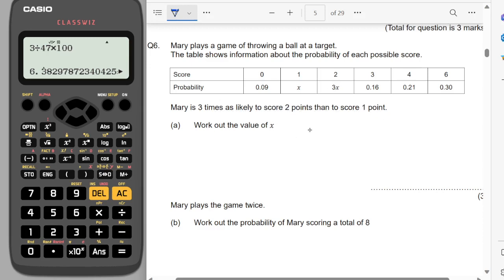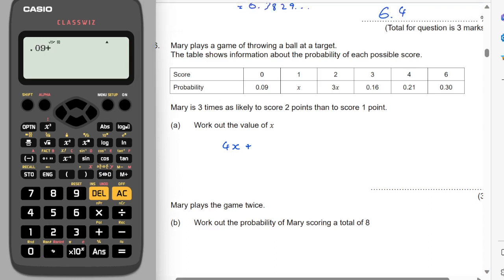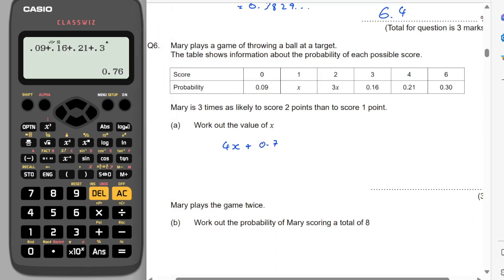So all of these need to add up to 1. So 4x plus 0.09 plus 0.16 plus 0.21 plus 0.3 gives me a total of 0.76, and that's got to be equal to 1.